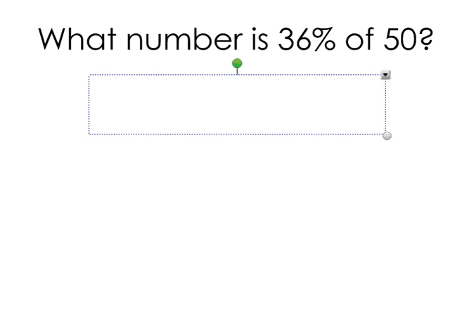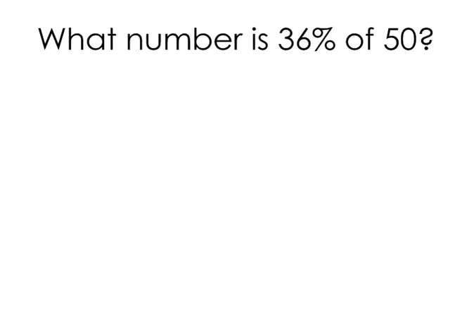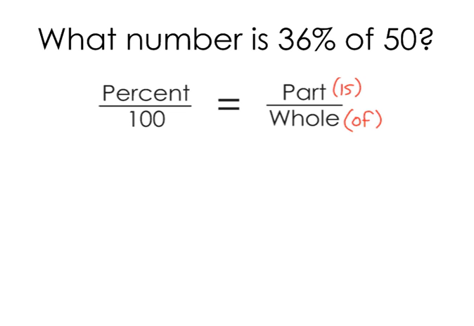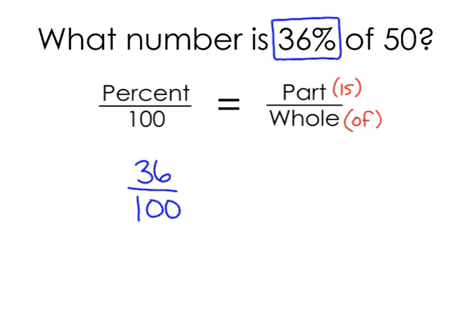So our first example that we're going to look at: what number is 36% of 50? So we're going to start with that percent proportion. And then just to help, I'm going to color code this a little bit. 36% is going to be this first fraction, and I'm just going to rewrite it as 36 out of 100.